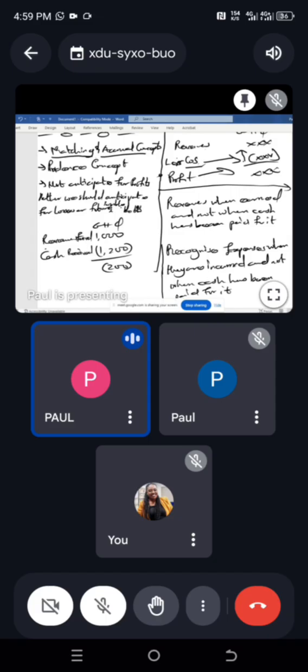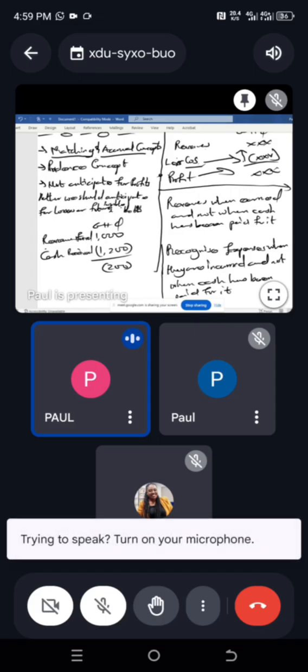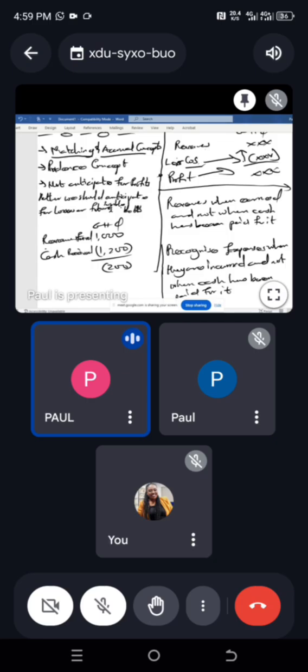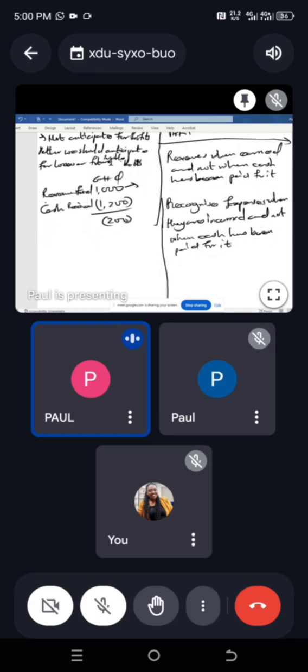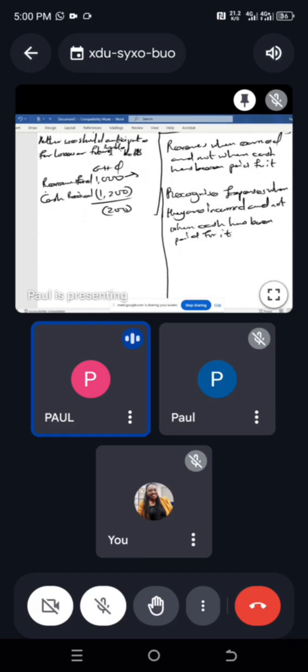I said you earned revenues of 1,000 cedis, but the cash you received was 1,200. What does it mean? Meaning there has been an overpayment. Good. You were supposed to be paid 1,000, however, you received 1,200. Now, this is what the concept is talking about.